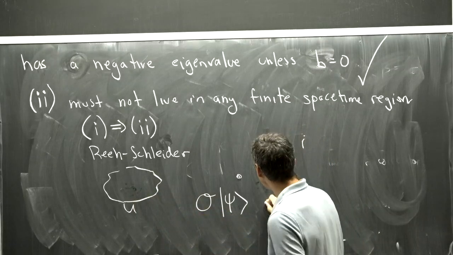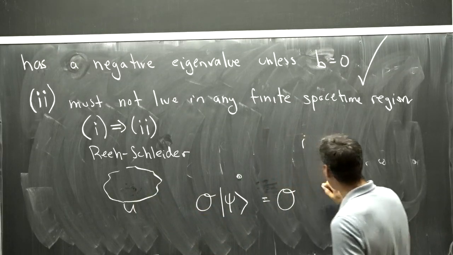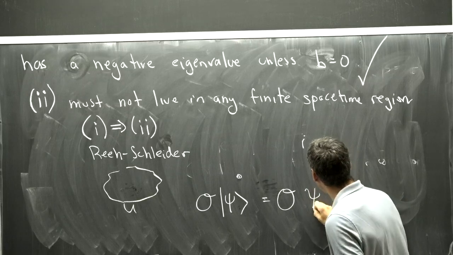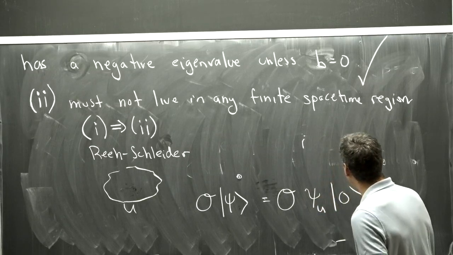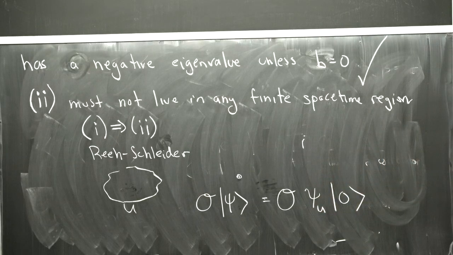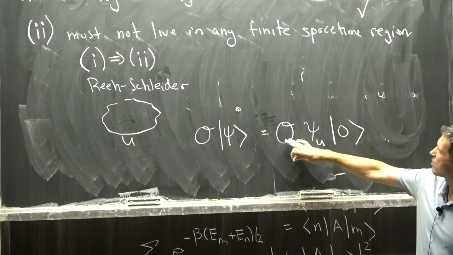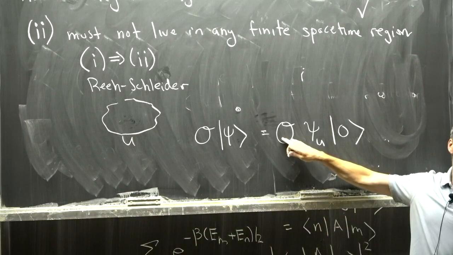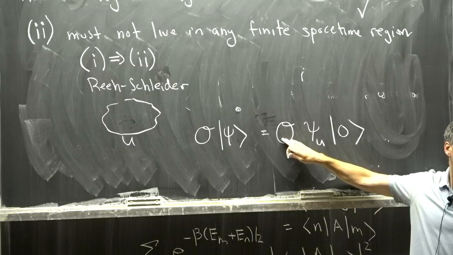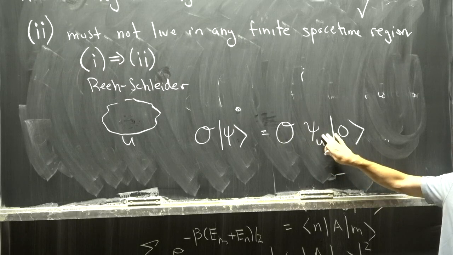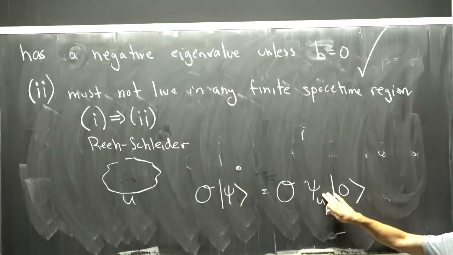operator in U. So this is O, some operator psi U on vacuum. But now if O lives in some finite region, I can take psi to live in the complementary region.